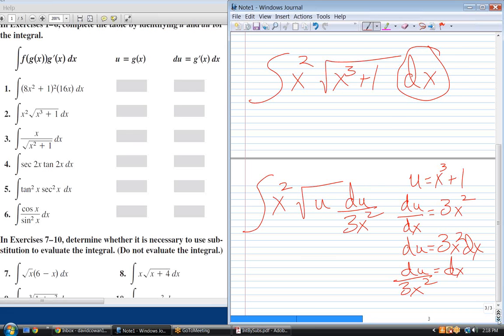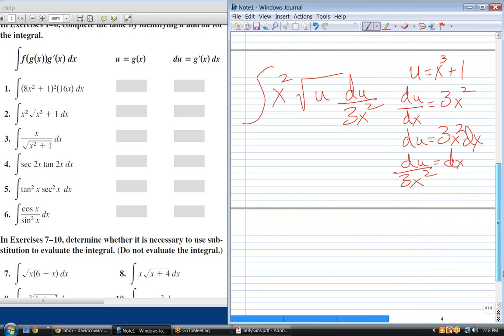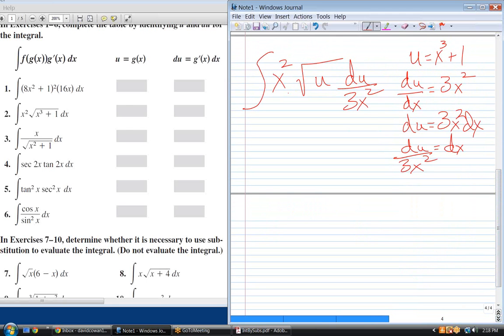Now, notice that what's in my denominator is not exactly what's over here. This is x squared, this is 3x squared. But the important part is that it got rid of the variable. So now I have an integral of the square root of u over 3 du.